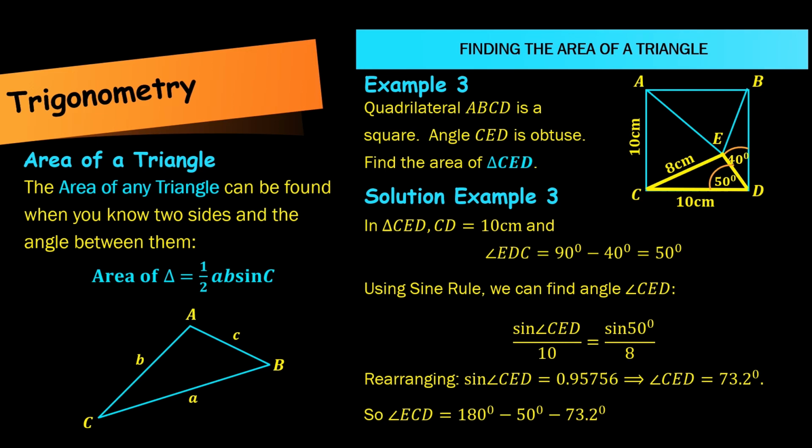And so angle ECD equals 180 degrees minus 50 degrees minus 73.2 degrees, because the sum of the angles in a triangle add up to 180 degrees, which of course gives us 56.8 degrees.